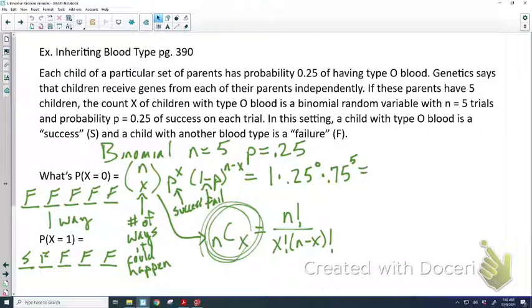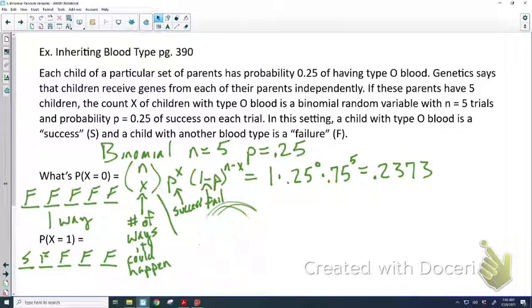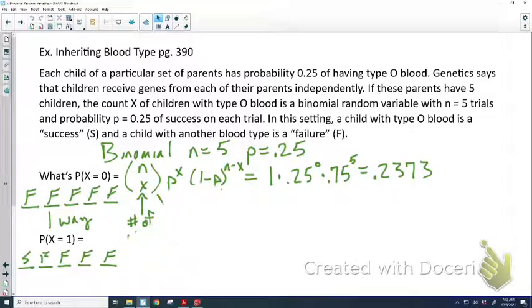I hate to say they're failures, but oh well. So we get .2373. That one's really easy to do by hand. We didn't even need all this craziness down here. We just needed 0.75 to the 5th power, because we knew there was only one way this could play out.